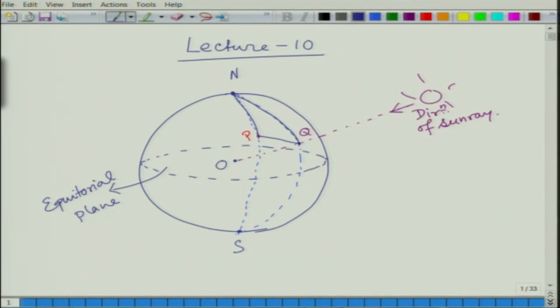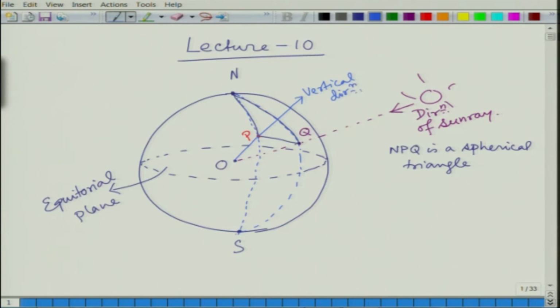What we have looked at is that the vector that goes from the center of the earth through the observer location is the vertical direction.